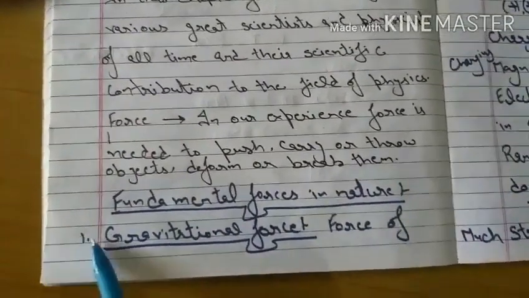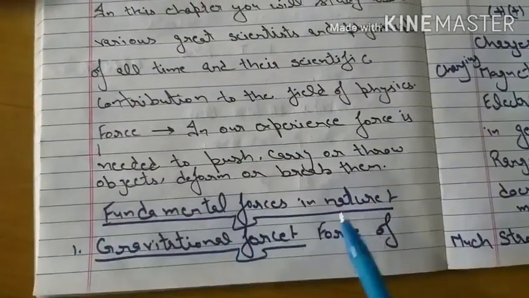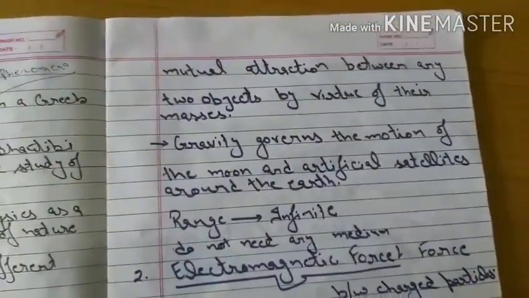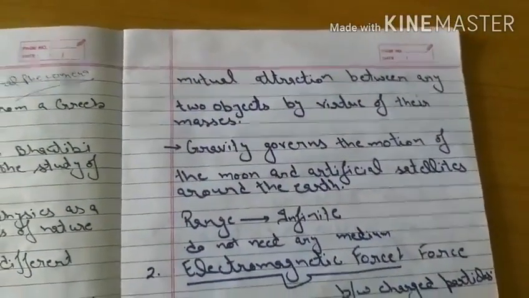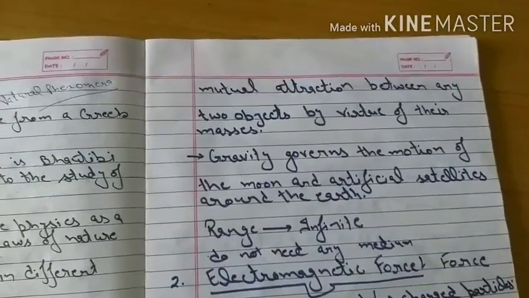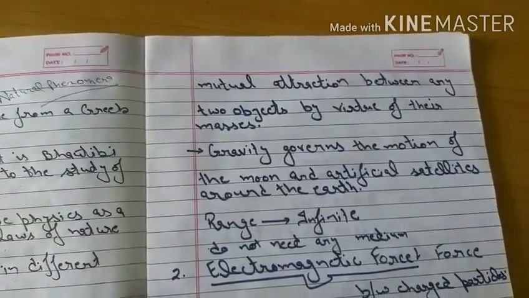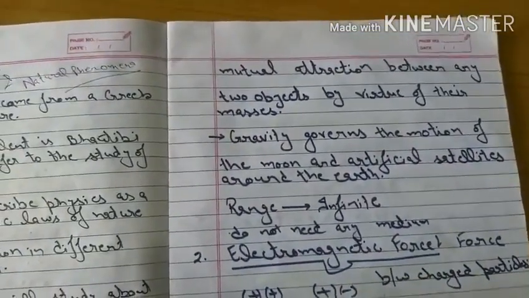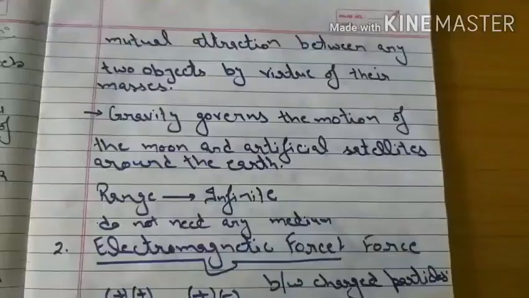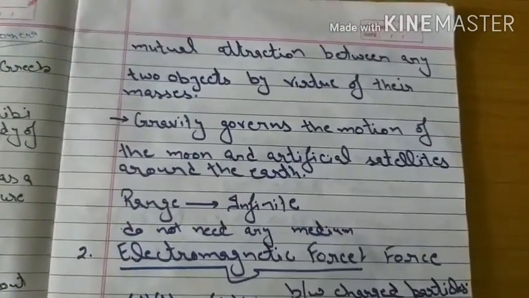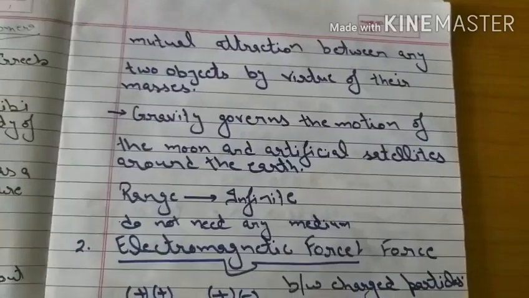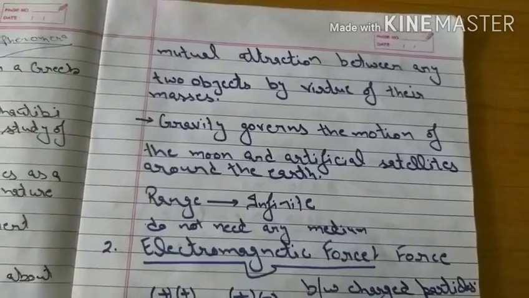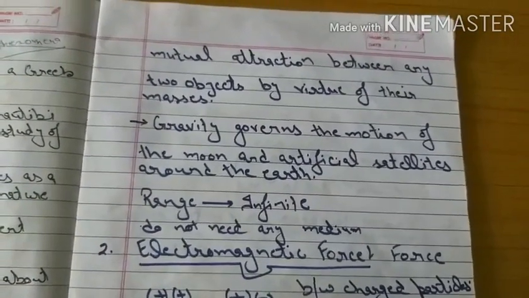The first force is gravitational force, the force of attraction between any two objects that have mass. All of you have studied gravitational force in class 9th and 10th. Gravitational force is a universal force, present everywhere on the earth and in space. But remember, its strength is very weak for material objects, and it doesn't need any intervening medium.